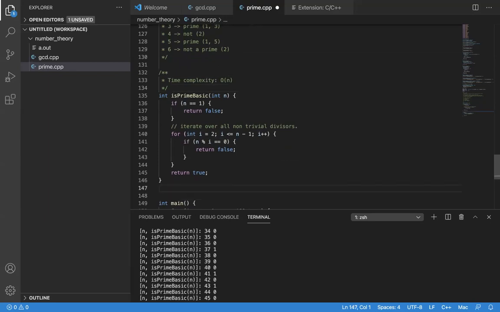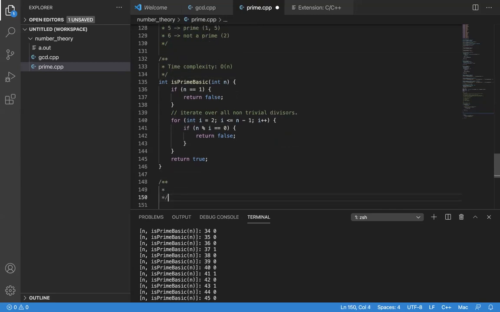By observing one thing. This is a very basic program, so let's make an observation. The observation is, if a number is not a prime, then there will be a divisor less than or equal to the square root of n.